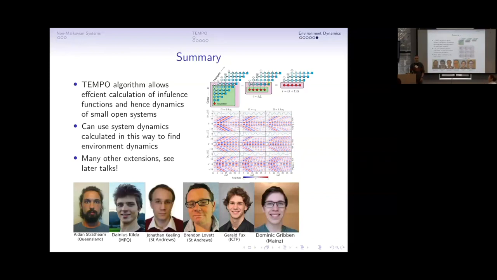Have you tried calculating entanglement entropy? We have not so much. You mean time-separated entanglement entropy? Because there isn't a spatial degree of freedom in these problems. It's all a time degree of freedom. No, I'm just asking about the system-based entanglement entropy. I haven't thought about that.